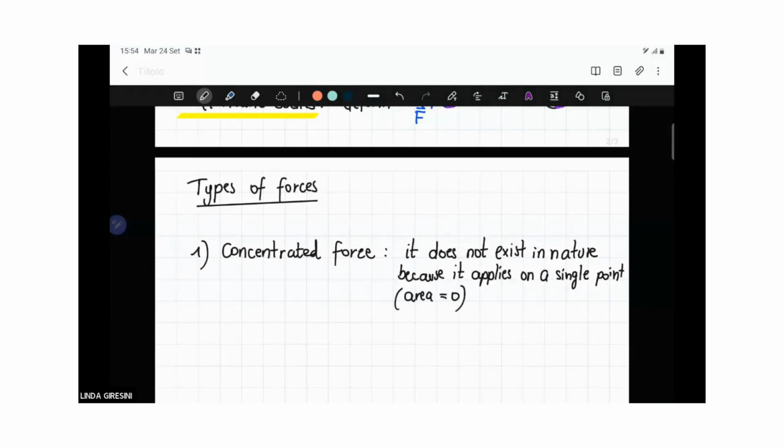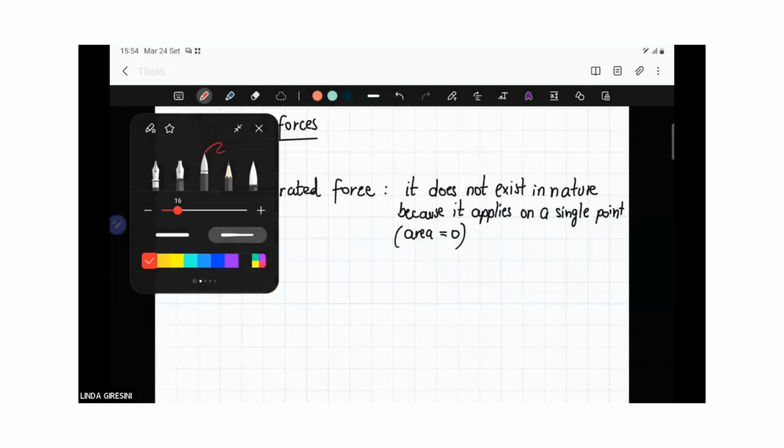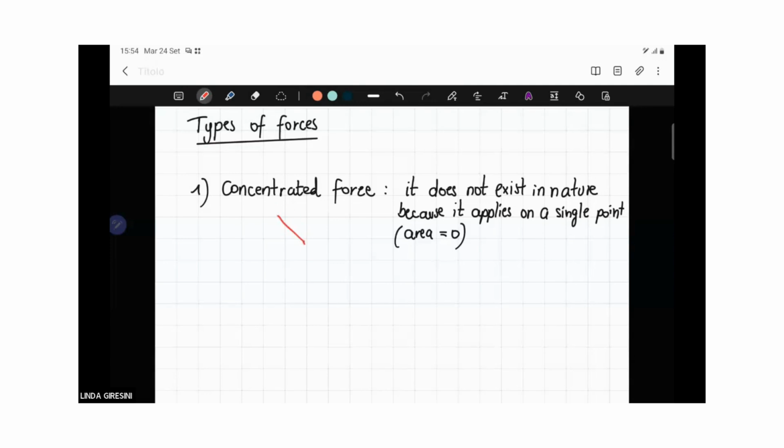But in nature, it is not possible. So it is an idealization. The concentrated force, we have said, is like a generic vector F. Unit: force, or kilonewton, for example. Okay.